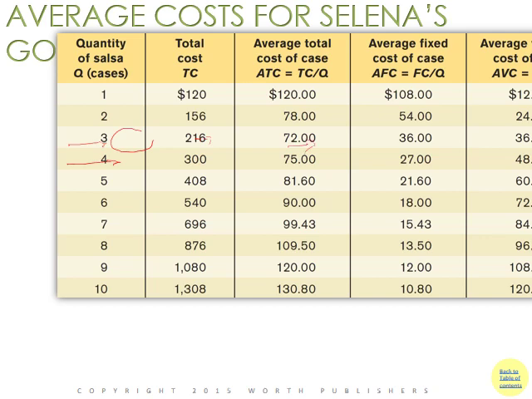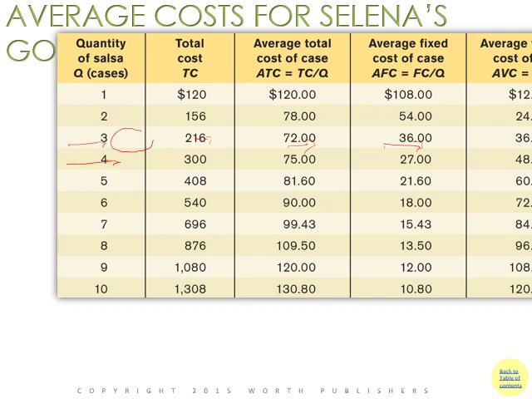Average fixed cost is our total fixed cost divided by Q. So in this example, 108 is the fixed cost, divided by 1 gives you an average fixed cost of $108. Average variable cost, our total variable cost is $12 divided by 1, gives us an average variable cost of $12.